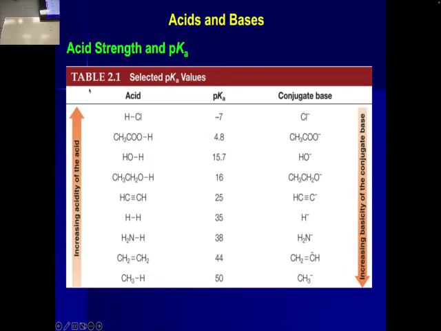This is acetic acid. This is that component, acidic component in vinegar. Its pKa is 4.8. It's positive. Is it a strong acid or a weak acid? Relatively. Acids and bases are about relative. It depends on what you're talking about. I know that's what drives a lot of students crazy.